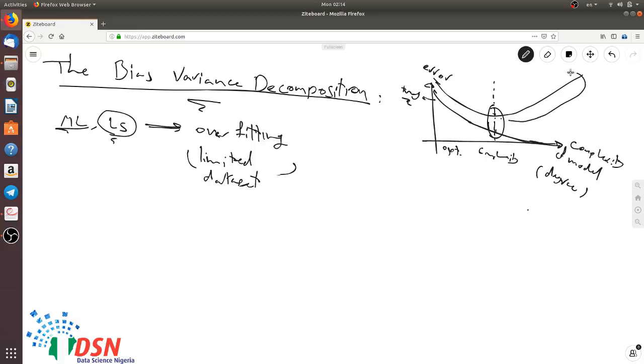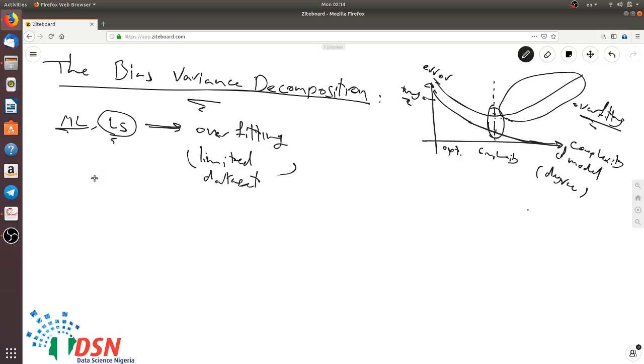Here we have overfitting, and it is because our data set is limited but our model complexity is so high.